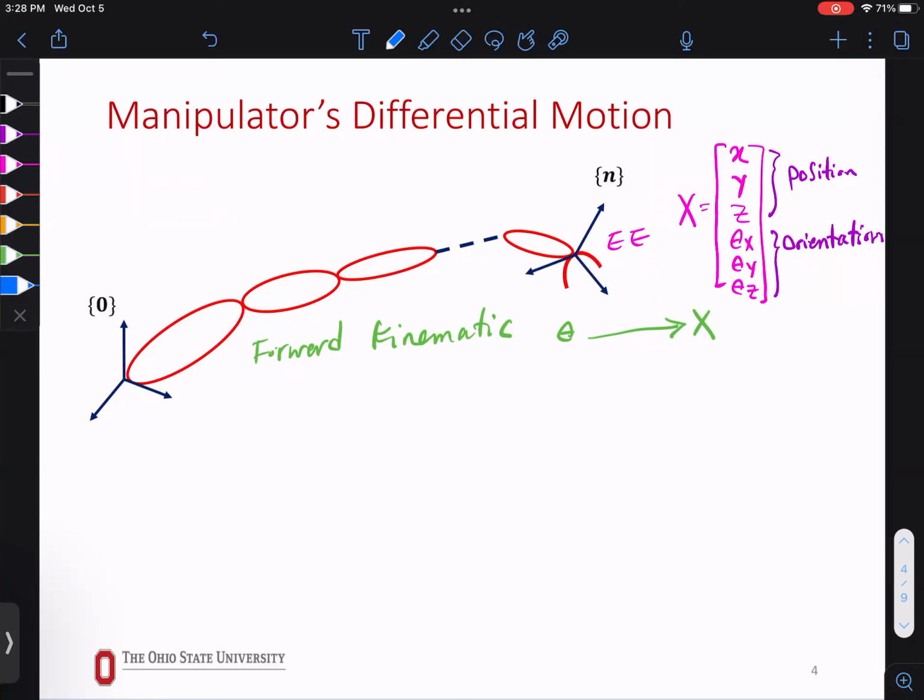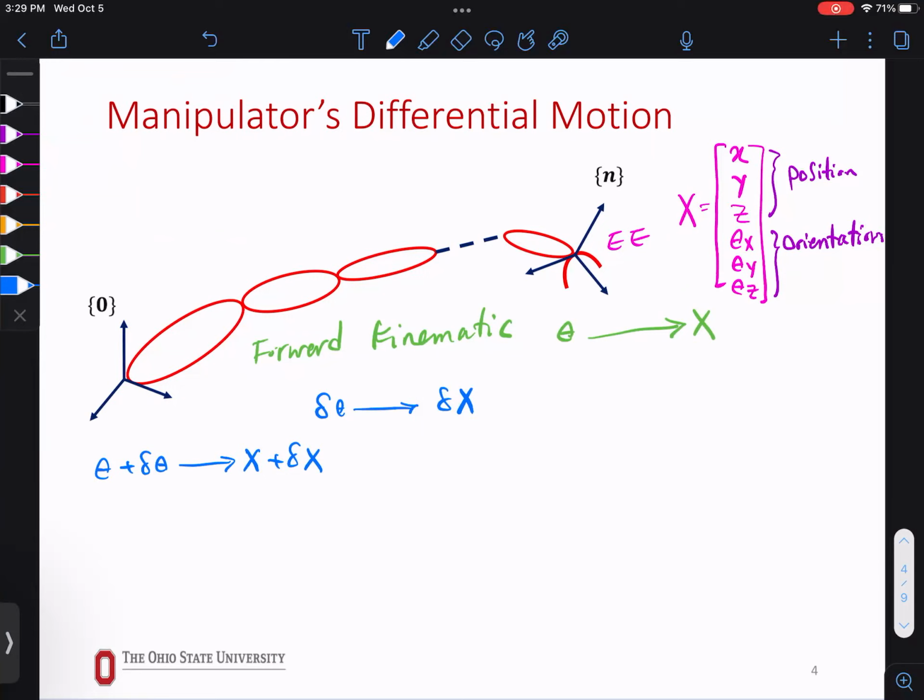So delta theta could also tell us the little change in position and orientation. That's what forward kinematics does. Now, if we add these two up, theta plus delta theta gives X plus delta X. So partial motion of every joint should result in partial motion of your end effector.